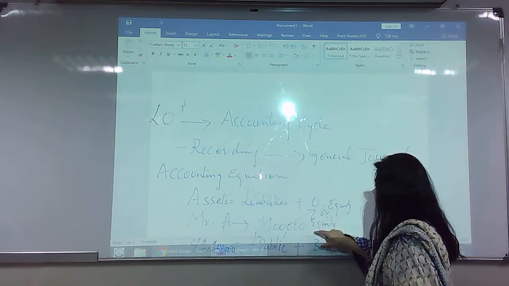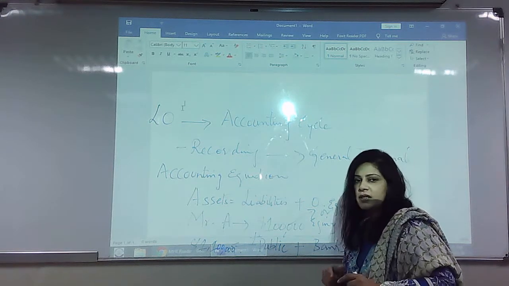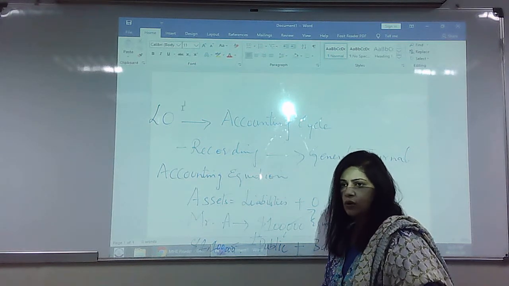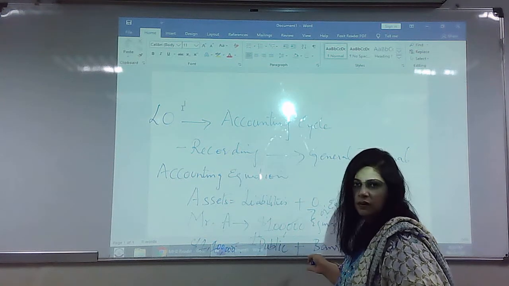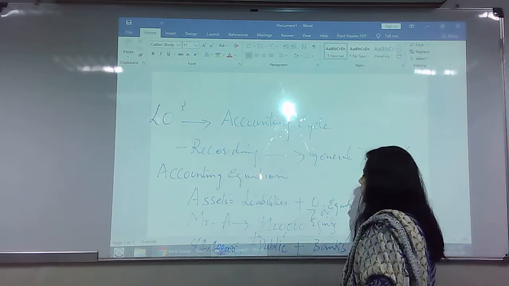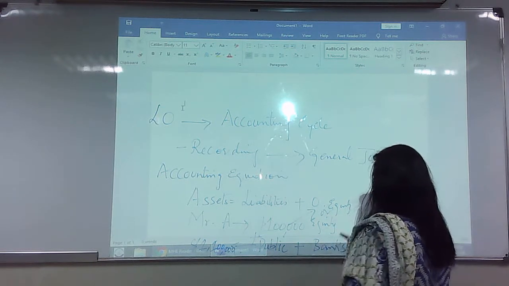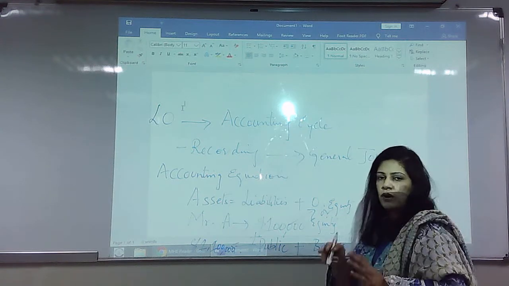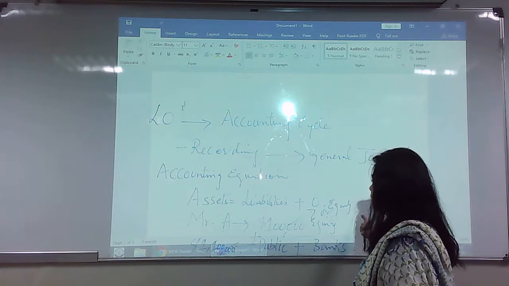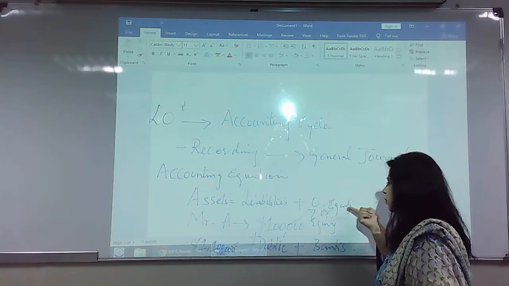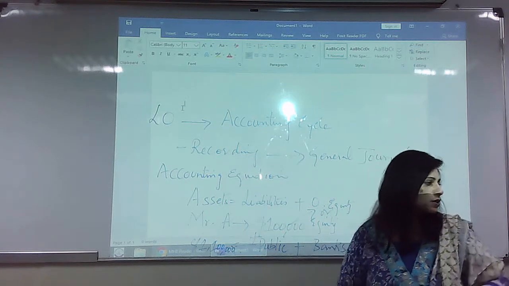But if I just say equity, it means that the source of funding was not just his own, but it also had public or external sources of funding. So then the terminology would be just equity, okay? So then I would change this to equity. But for ease's sake, you'll see that when you search it out, some equations would just have owner's equity. That is because they're trying to teach you something basic at this point, right?